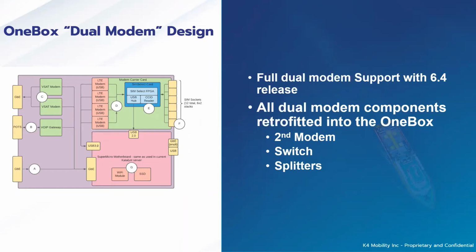We have RF splitters, all within the OneBox chassis. And so we have a single RF output for TX and RX to the ACU. And so the OneBox can take advantage of all of the same benefits as using external modems, but now all of those components are internal.